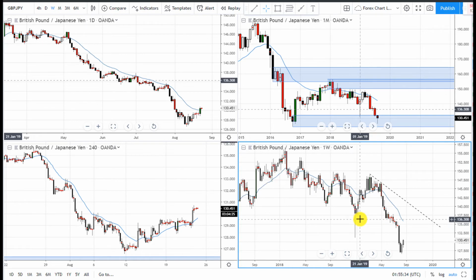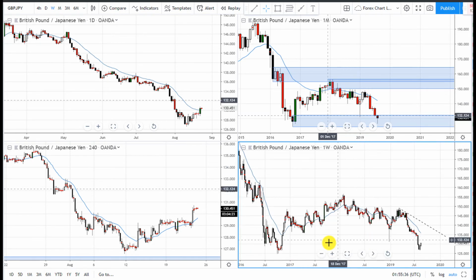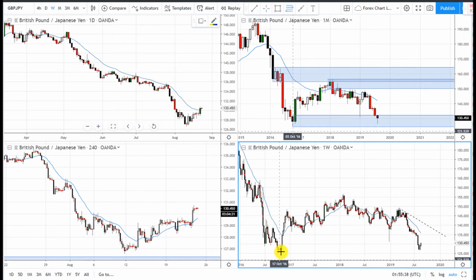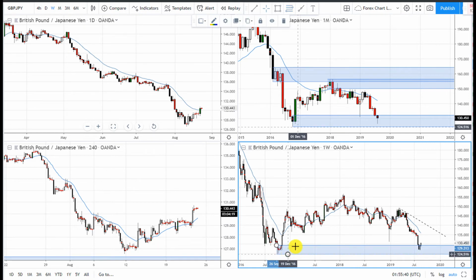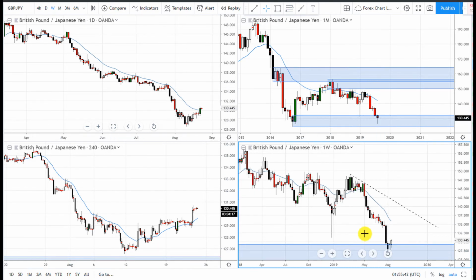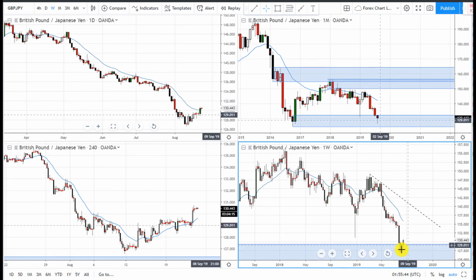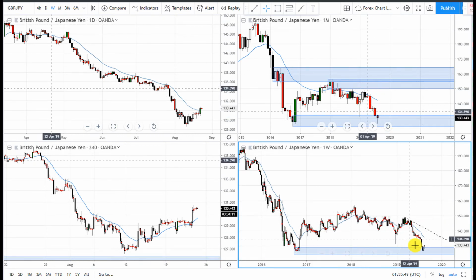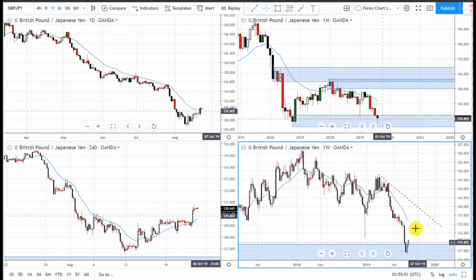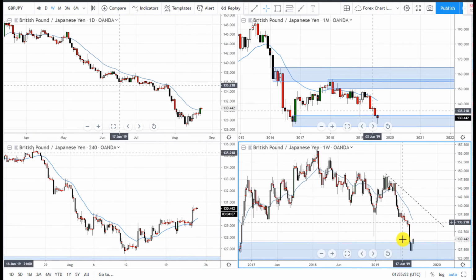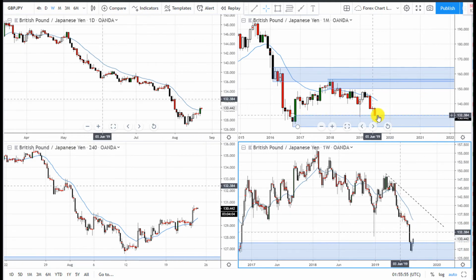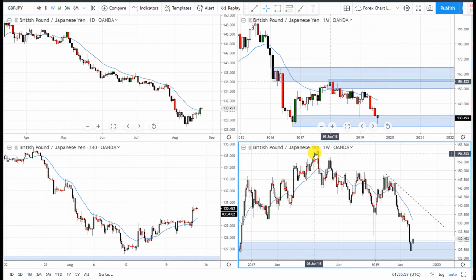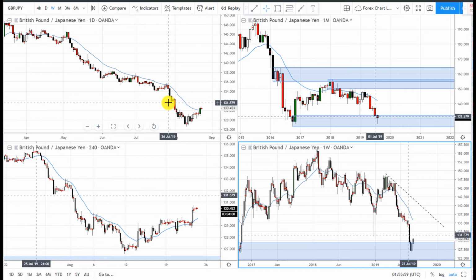But then there's an area of demand down here that's currently holding price up. So we don't want to short. We can't short here because this area of demand is in control, and also as well as the higher time frame area of demand on the monthly.